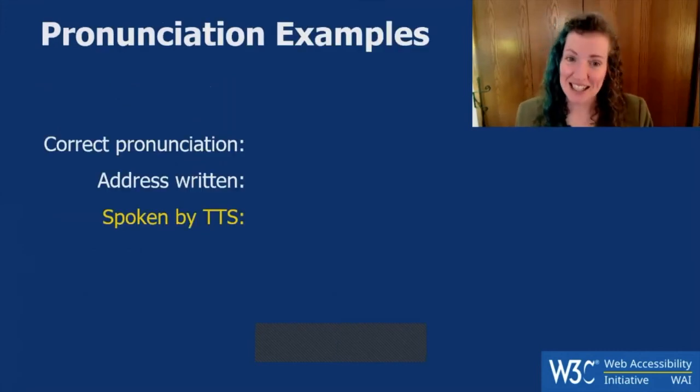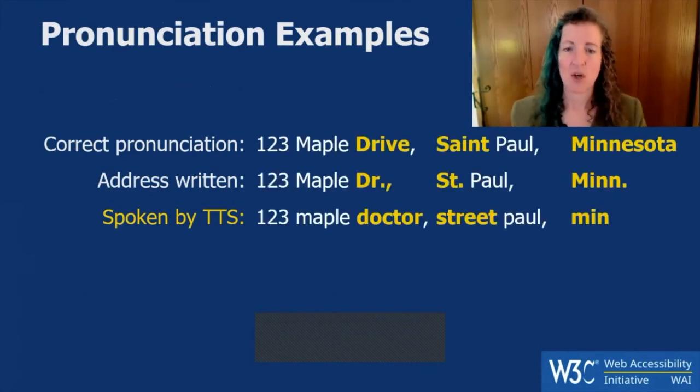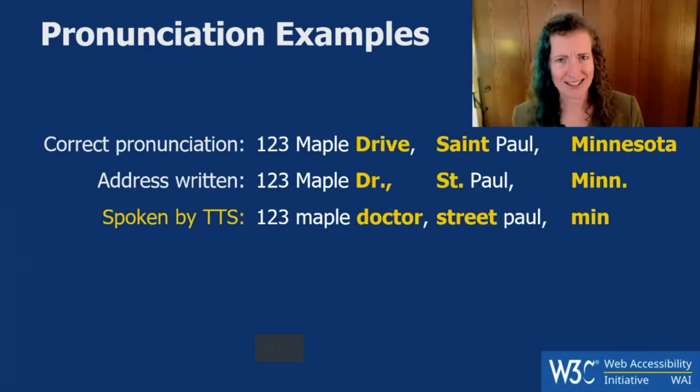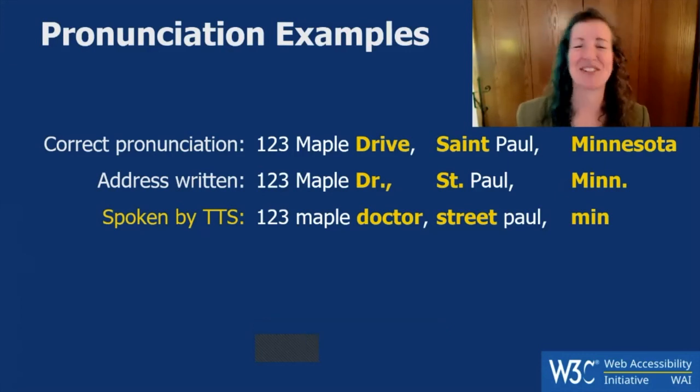Now, when we look at that, the correct pronunciation of that would be 123 Maple Drive, St. Paul, Minnesota, the state. However, some text-to-speech will mispronounce that as 123 Maple Doctor, Street, Paul, Min. And that's what we're trying to address.